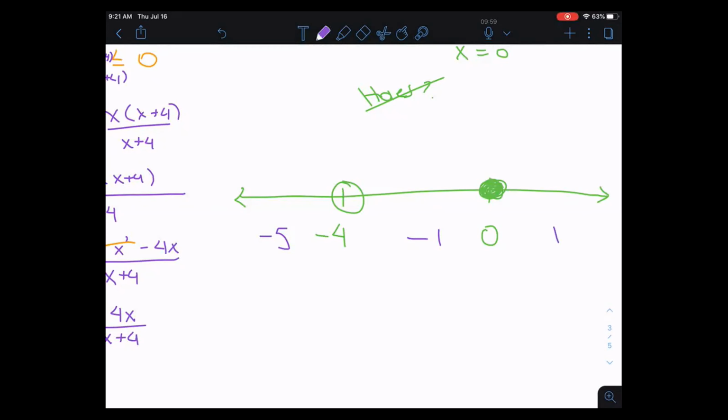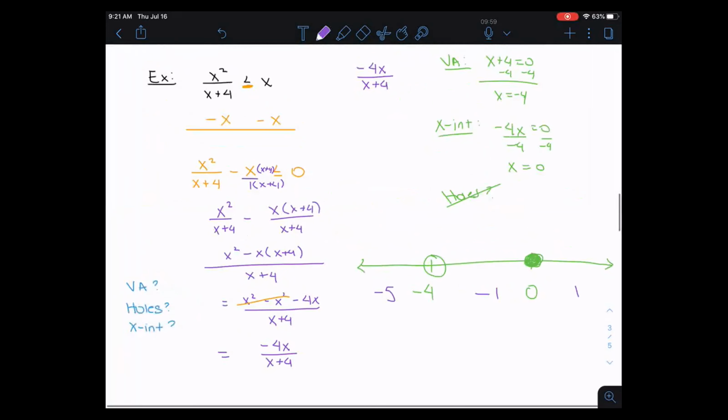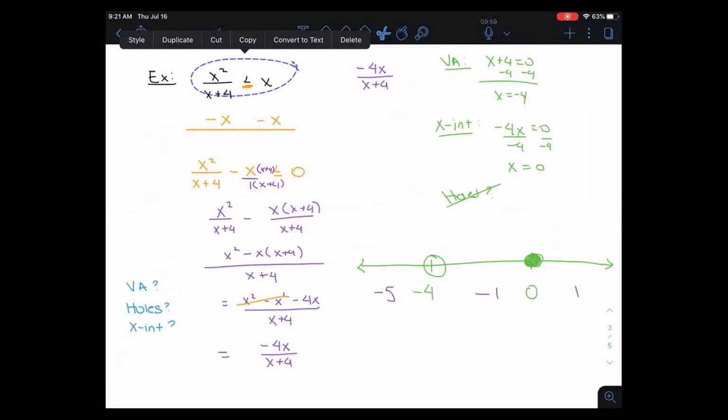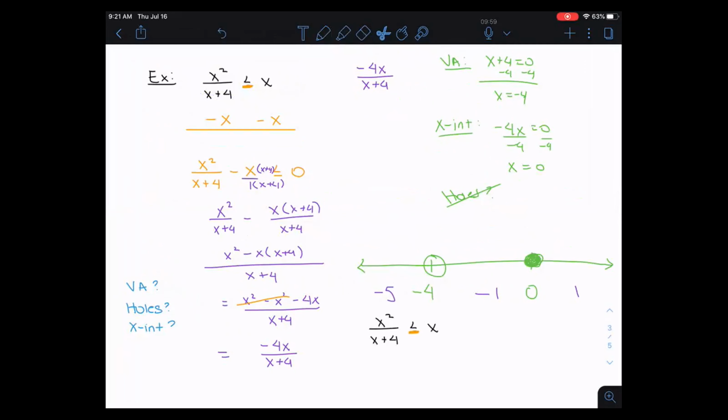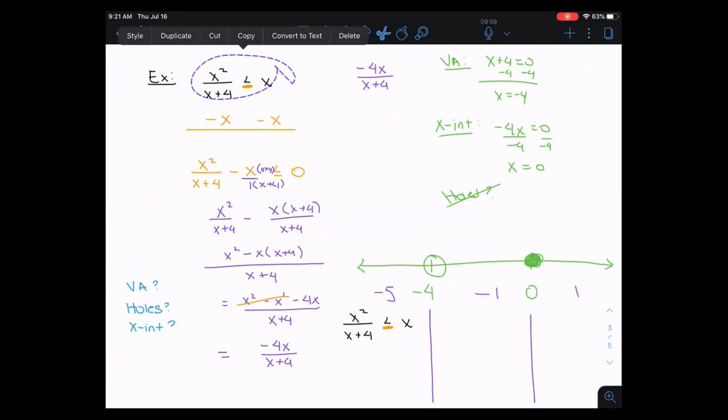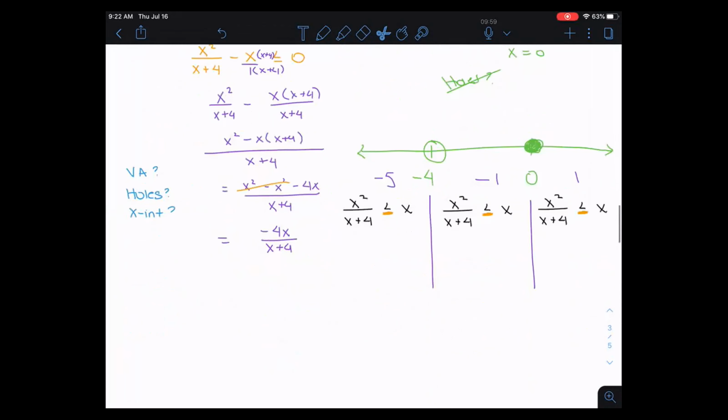Now just plug it into your original inequality. So we're going to have 3 testing points, testing everything between -infinity and -4, and so on. And we're just going to fill these in.